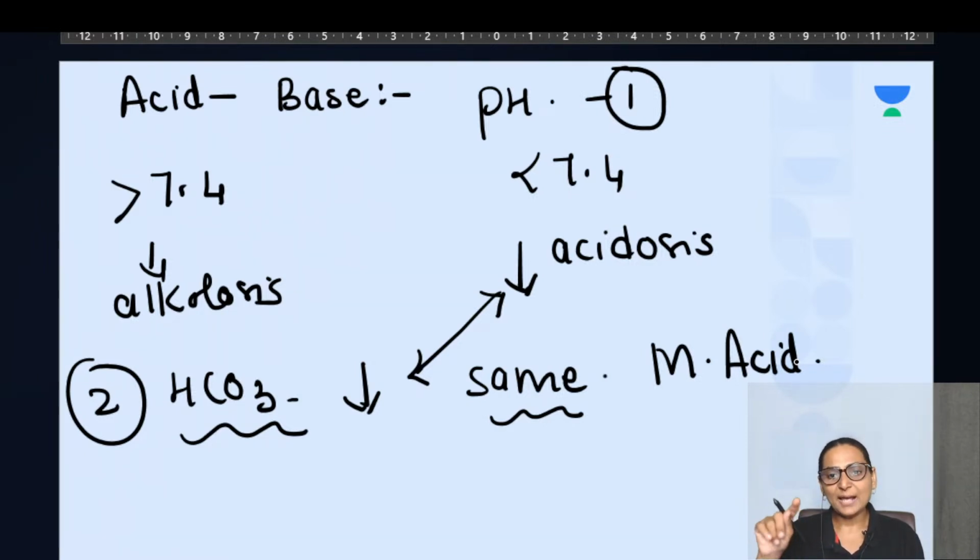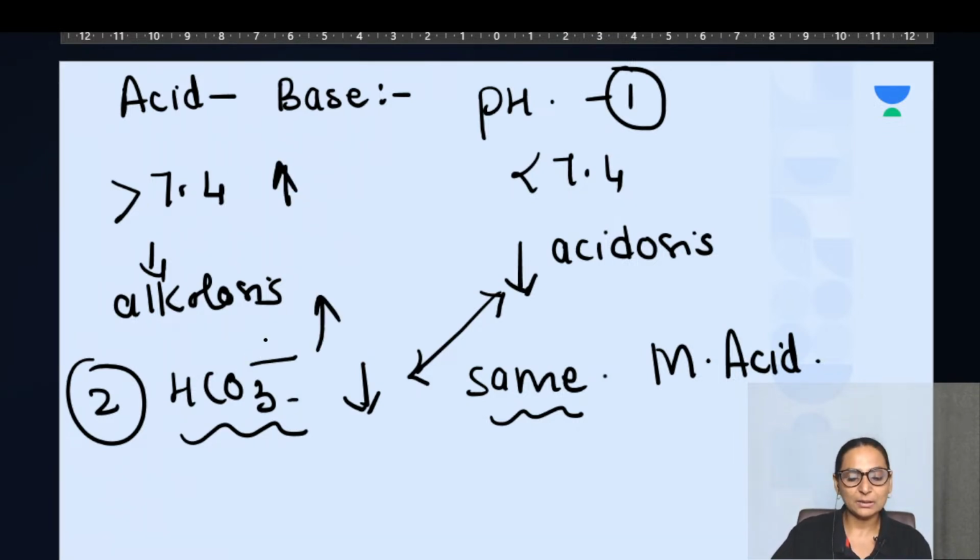ठीक है. सो पहले आप देखेंगे पीएच, सेकेंड आप देखेंगे बाइकार्बोनेट्स. सो अब अल्कलोसिस में क्या होगा? pH more than 7.4 and bicarbonates will always be more. So दोनों का डायरेक्शन सेम हो गया, it will be metabolic alkalosis. अब कंफ्यूजन कब आती है?